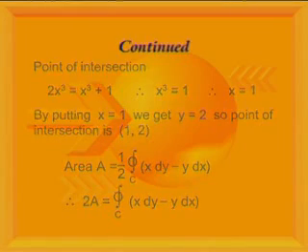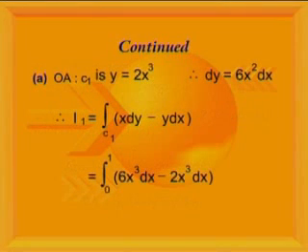So first of all, along the curve C1, we will go from O to A along this curve C1 whose equation is y is equal to 2x cube. So from y is equal to 2x cube, dy is equal to 6x square dx.